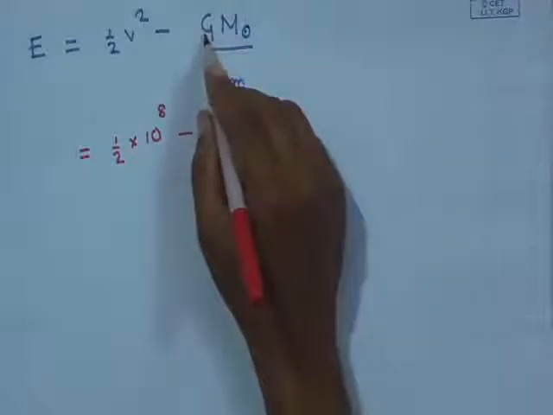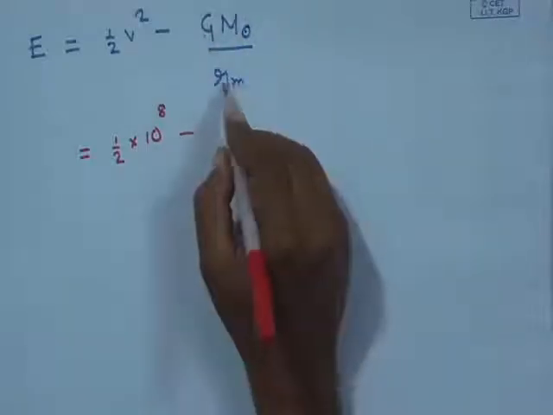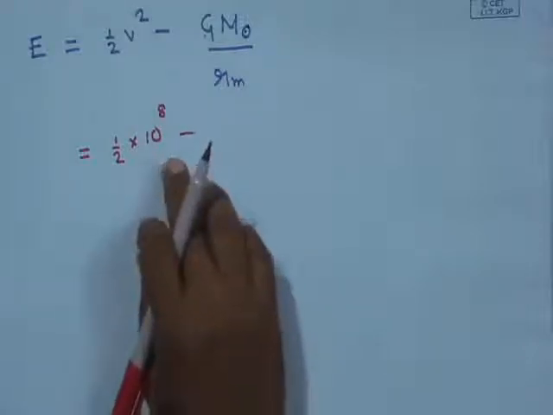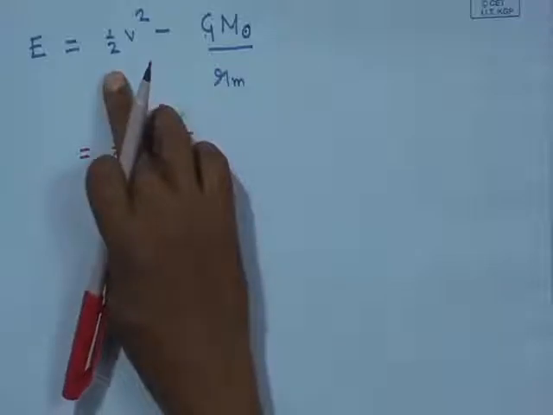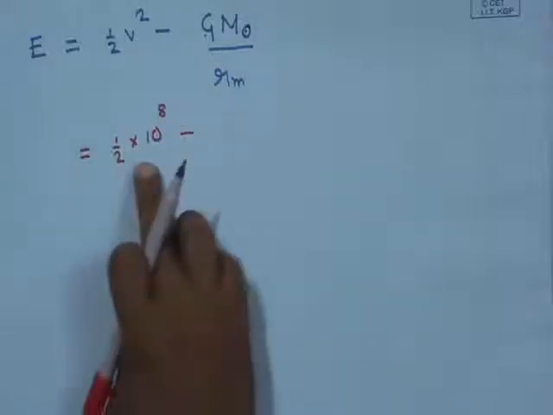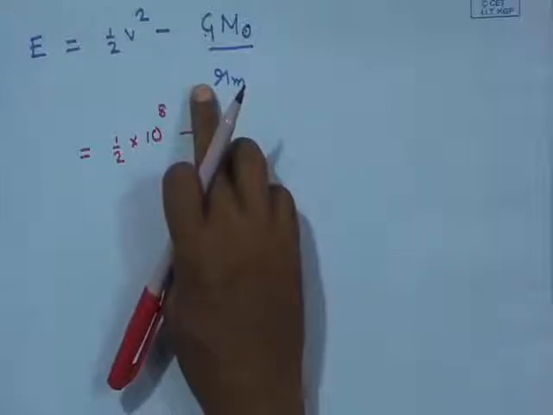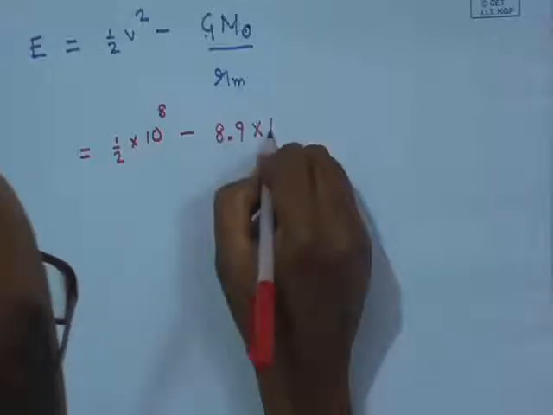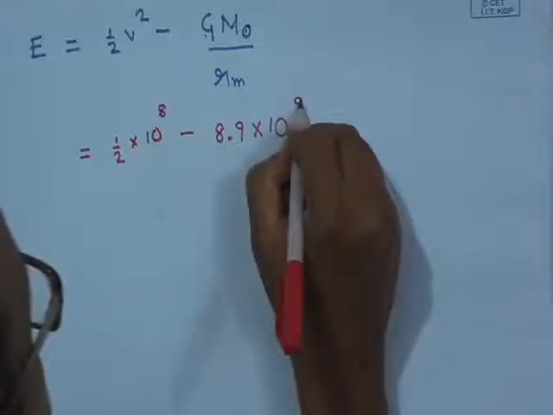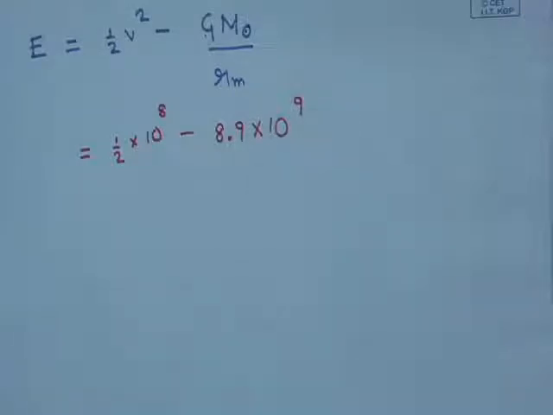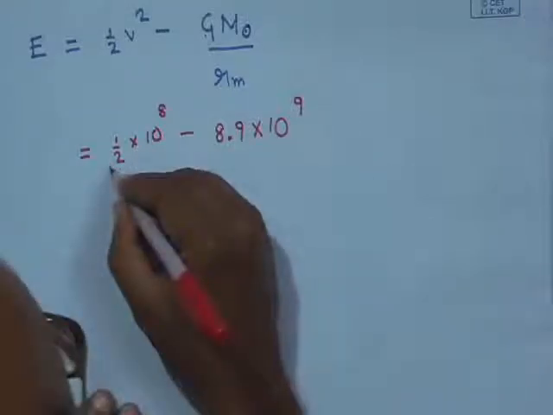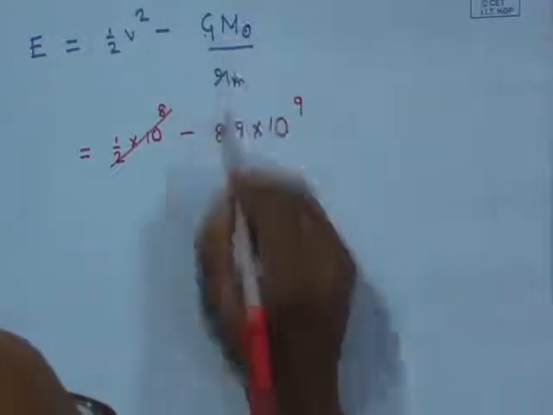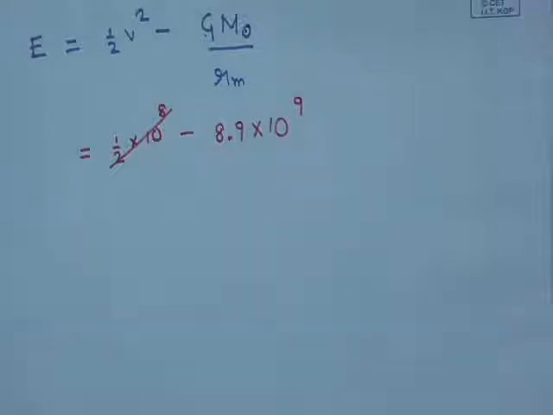This factor, G times the mass of the sun divided by the minimum distance, turns out to be much larger than this, which is 10 to the power 7. This factor turns out to be 8.9 into 10 to the power 9. The entire thing is in SI units, so it is joules per kg. I will not write the units anywhere. So, I can essentially ignore this term. So, the energy is minus GM by r, and it is 8.9 into 10 to the power 9.